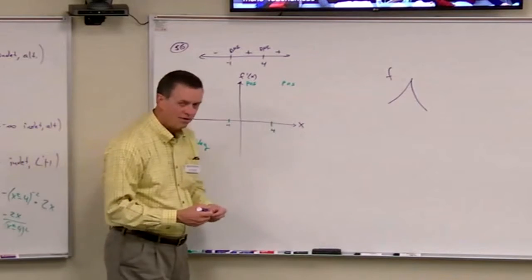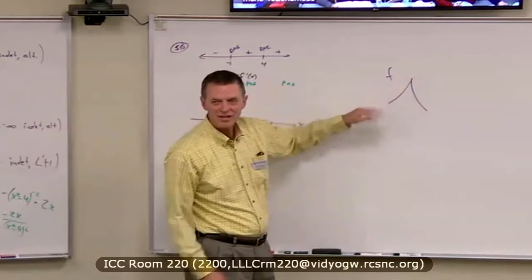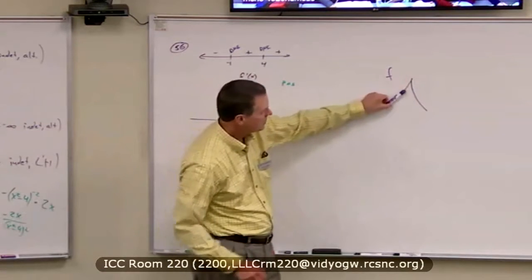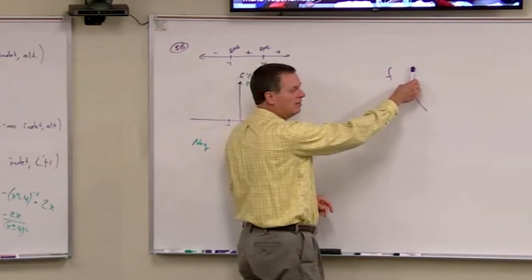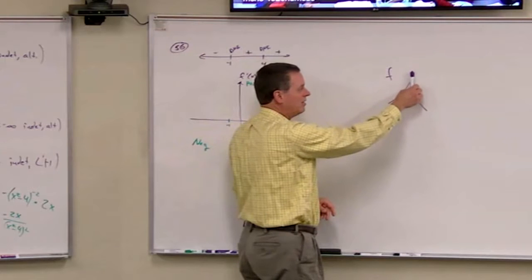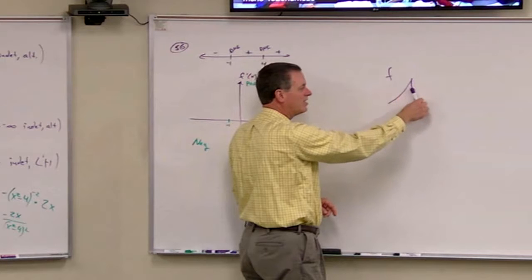Like, the tangent lines are positive, more positive, infinity, and then infinity, or you might say negative infinity, and then negative and less negative, less negative.